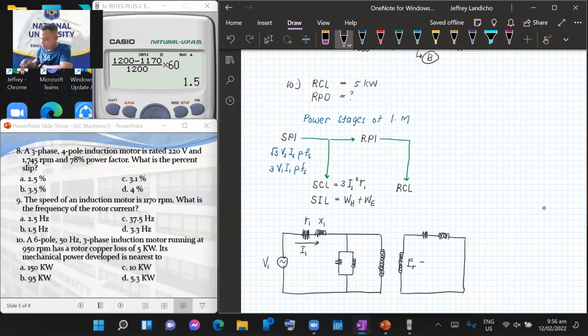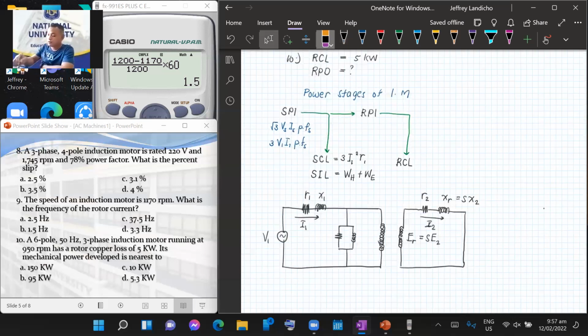Isang R, alam natin ang value, which is S multiplied by R2. And this is rotor resistance, and this is rotor reactance, which is S multiplied by rotor reactance at standstill, and you have the rotor current I2. Right? So that will be the equivalent circuit ng ating induction motor. So this is the stator side, and this should be the rotor side.